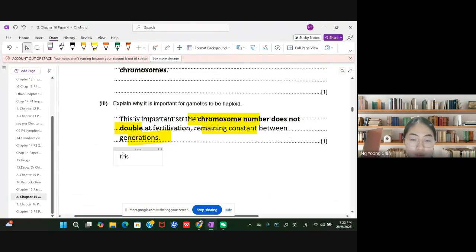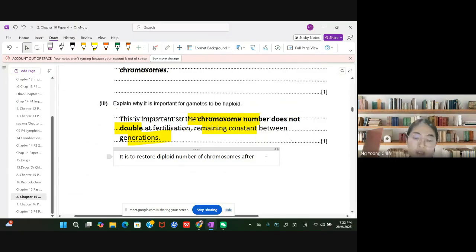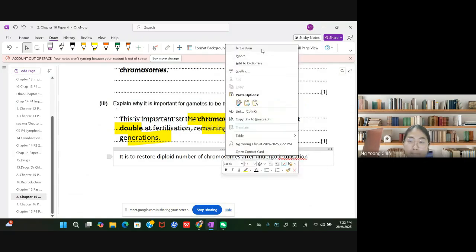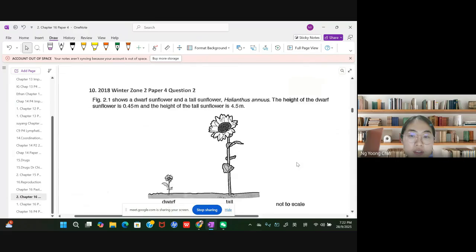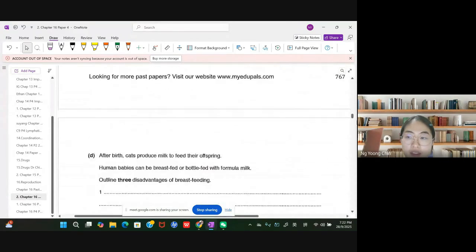It is to restore the diploid number of chromosomes after undergoing fertilization. Okay, that's all. I think in general it is like this.